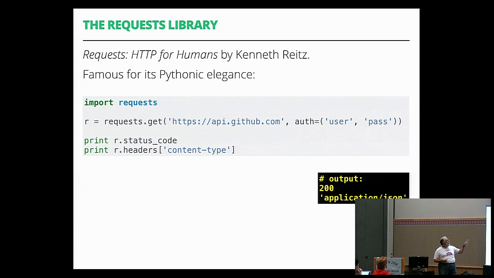Who uses requests, this library? Yay, yes. It's really high level, but also powerful, so it's not limited. It's simple, but not simplistic. And so this code snippet outputs the status code, number 200, and the content type.